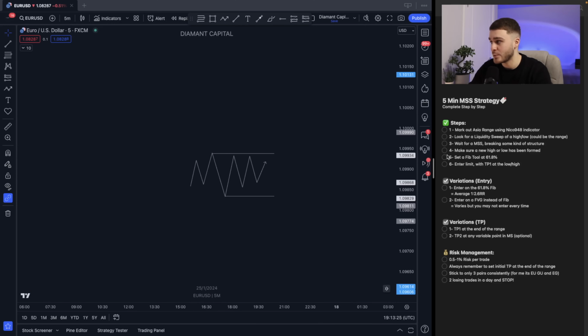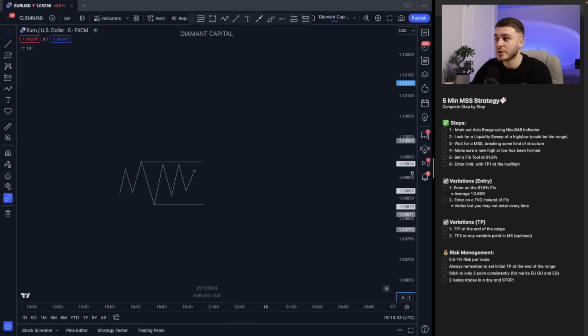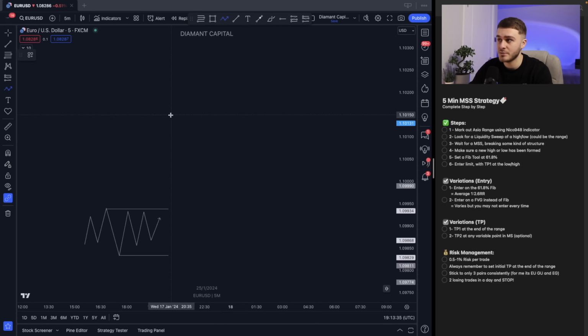Now, in terms of the second step, we are going to be looking for a liquidity sweep of a high or a low. It could be within the range or it could be the whole range. What I mean by this is you will get two types of things. Say, for example, you have an Asia range that does something like this.